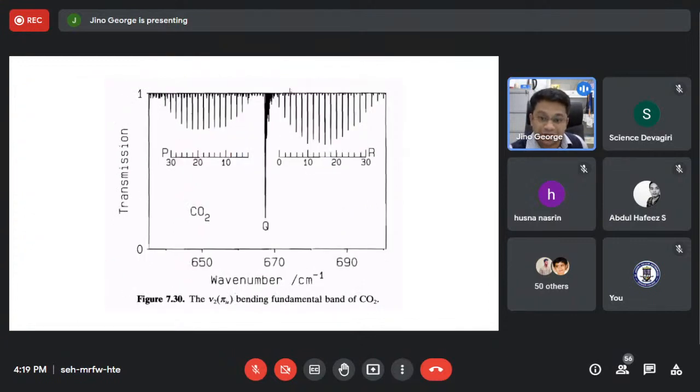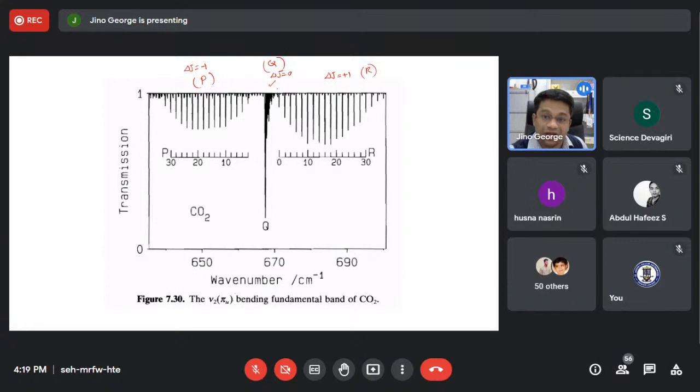They are doubly degenerate. You see that the Q branch is now allowed because there are some selection rules which define it. Now delta J is equal to 0, which is the Q branch. This is the P branch. Here delta J is equal to -1. Here delta J is equal to +1. This is R. So this is some terminology they use. We call them P branch, Q branch, and R branch.